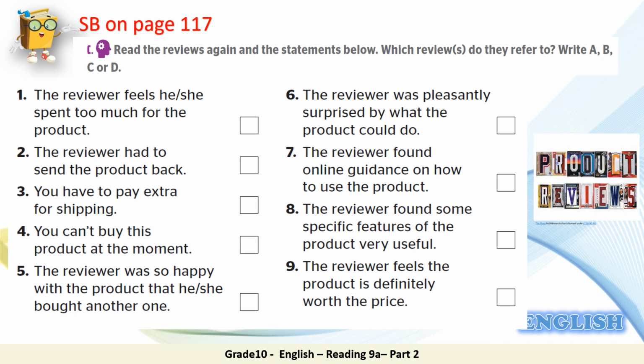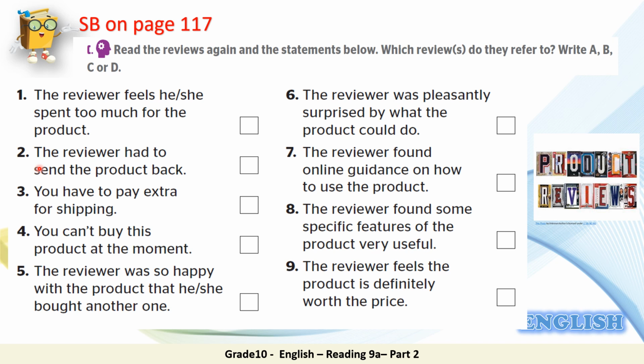Here are the 9 statements. Let's read them together, explain any difficult words, then you will take your time to do it alone. Statement number 1. The reviewer feels that he or she spent too much money for the product. Which reviewer had this feeling? Statement number 2. The reviewer had to send the product back.